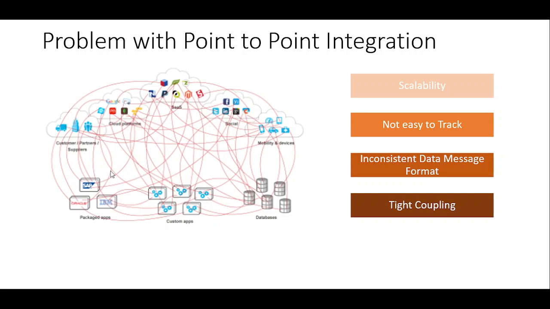For example, Salesforce has a case object in Service Cloud, and there are three or four applications that want to connect with Salesforce. You are sending, for example, to Workday four fields of your case object information, and then you're sending six fields to another application, which is Jira, with a different message format, and you're using a different message format for all other applications. So it's kind of inconsistent.